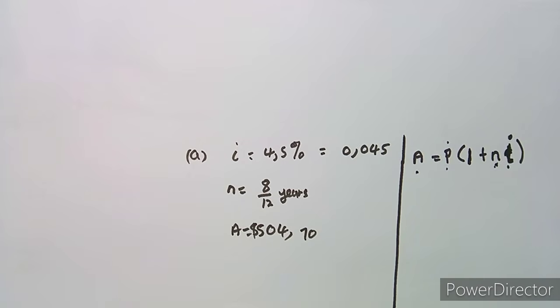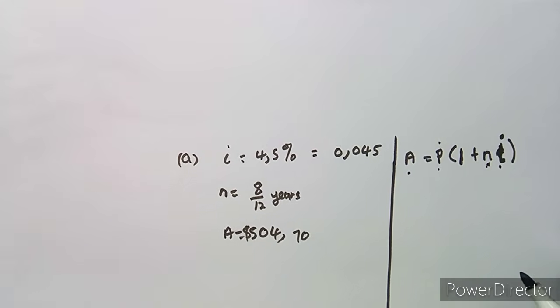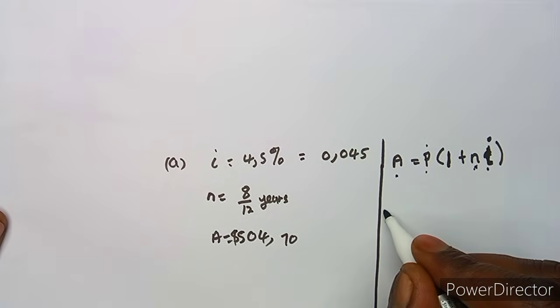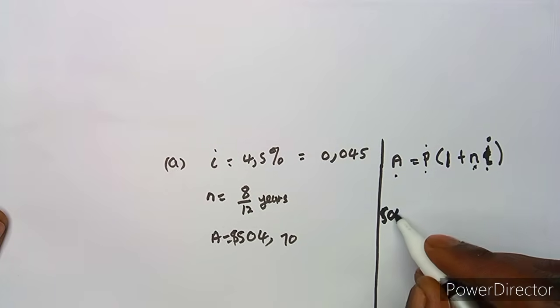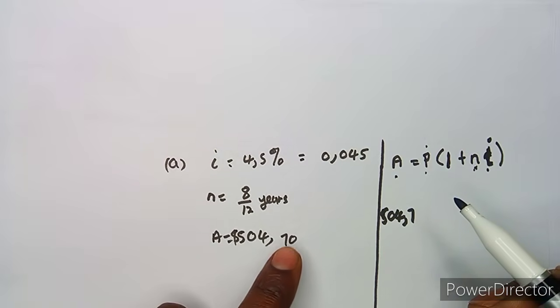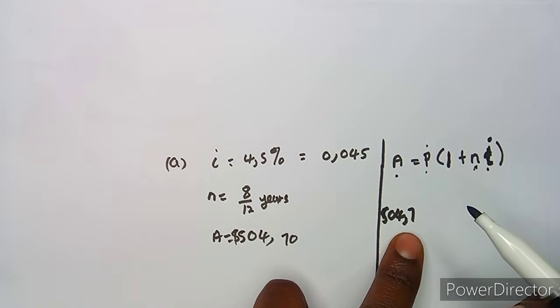So what we can do is play around with our formula and substitute our values. I think that can be an easier way. Substitute the total amount here, which is 504.7. This 0 is just for the amount, so when you are calculating, there's no need to put that 0.